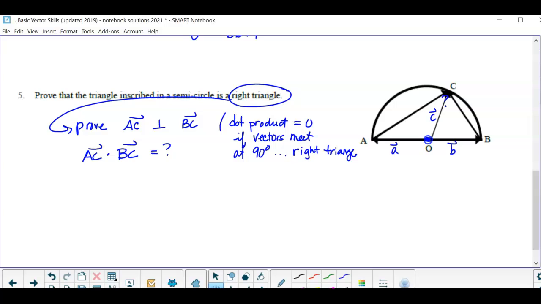So ABC would be a right triangle. For simplicity, as I said, use the lowercase arrowheads at C, so AC is vector C minus vector A, and BC is vector C minus vector B.